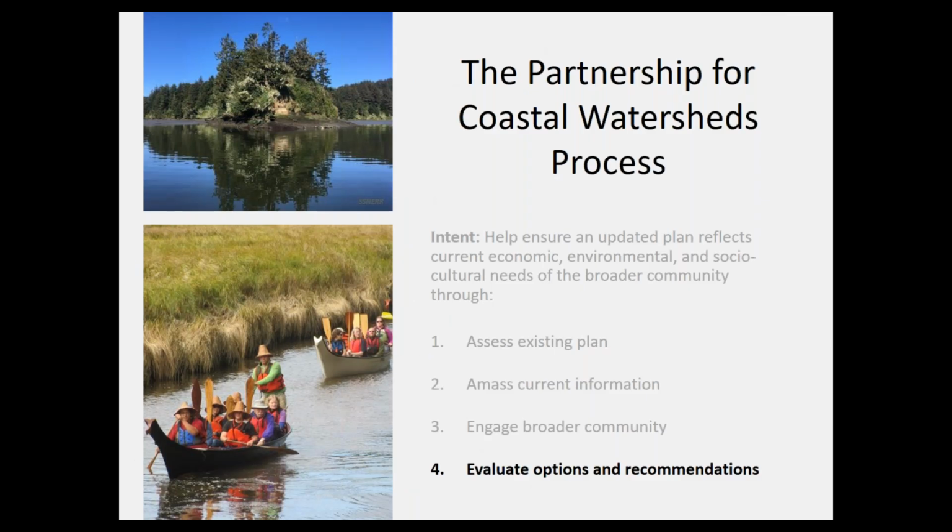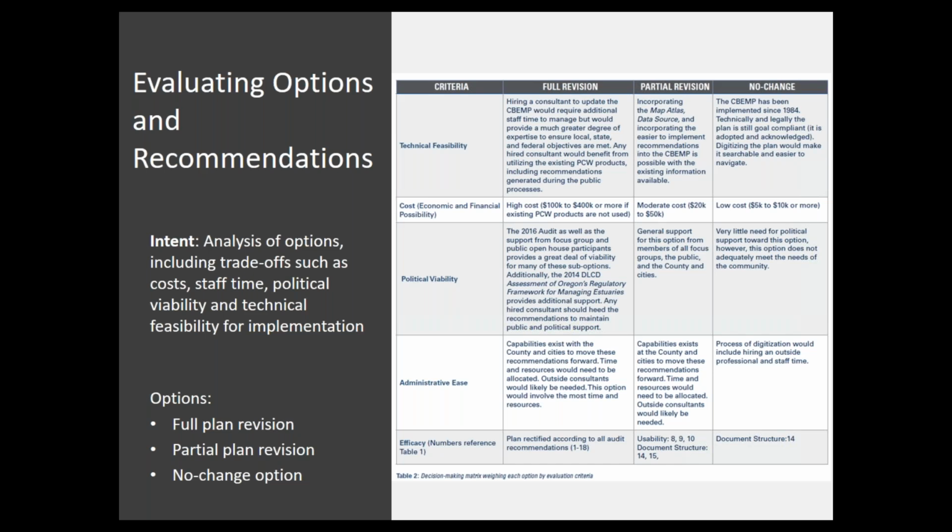So then the last piece of this was to evaluate some options and provide scenarios and recommendations to our local decision makers. So we provided an analysis of options that included associated trade-offs like costs, technical feasibility, political viability, administrative ease, and efficacy.